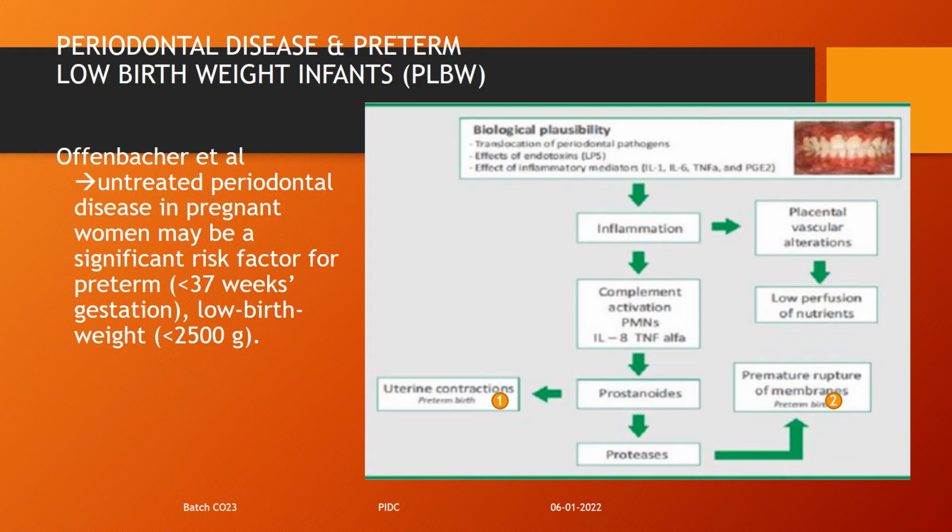Also, this inflammation leads to complement activation, activated due to interleukin 8 and TNF alpha, which leads to the production of prostanoids. Prostanoids act directly on the uterine muscle, causing contraction, which leads to preterm birth, and they could also produce proteases, which finally lead to premature rupture of the membranes and finally preterm birth.